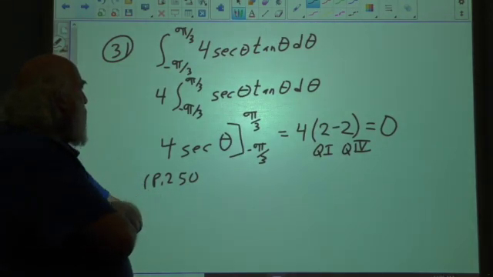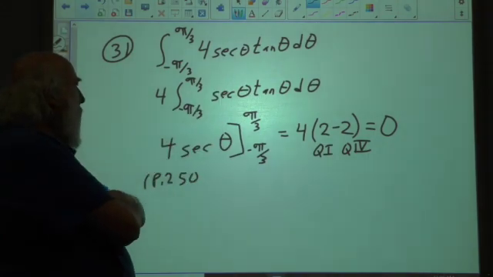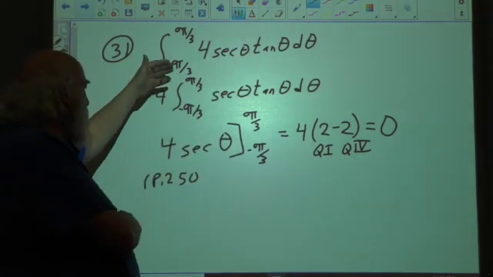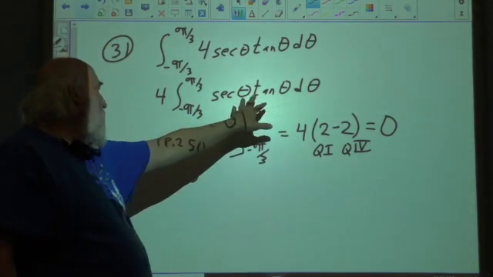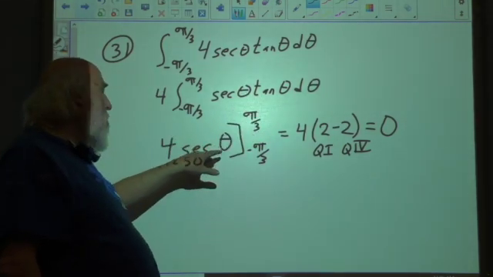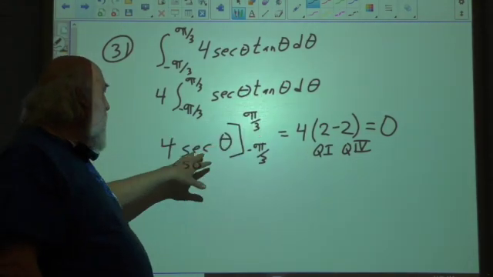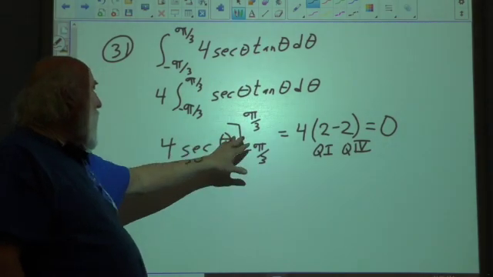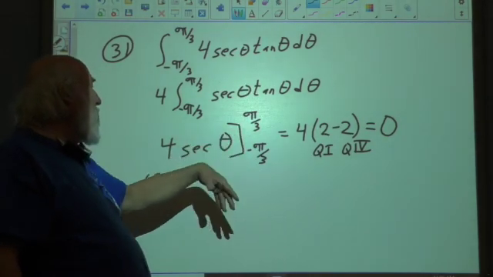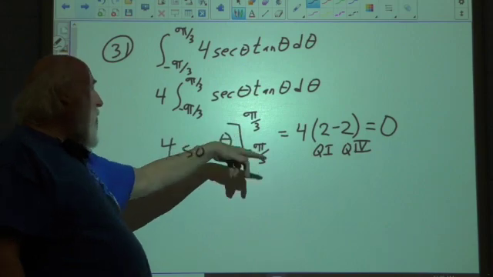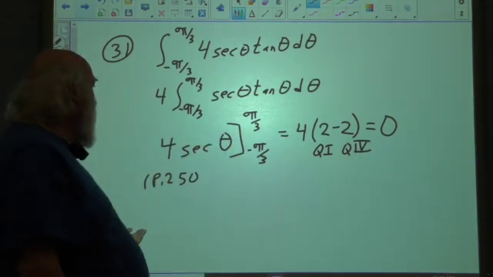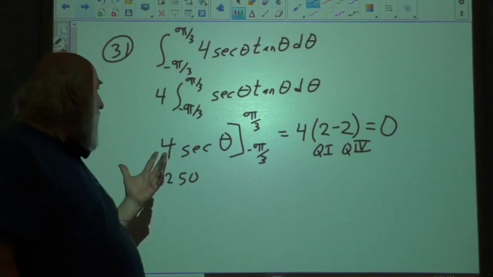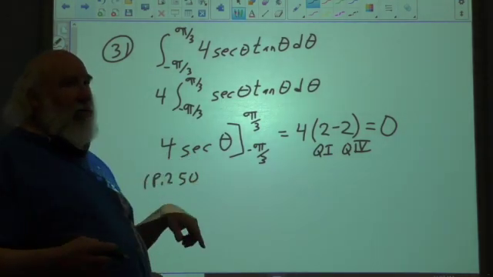So we pulled the 4 out right away, and this gave you this. And so now, the integration of that is secant x. So secant x from negative pi over 3 to pi over 3. Well, pi over 3 is 60 degrees, and that is positive. Now, secant is the inverse of tangent.